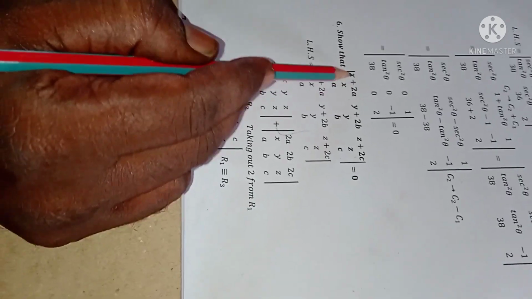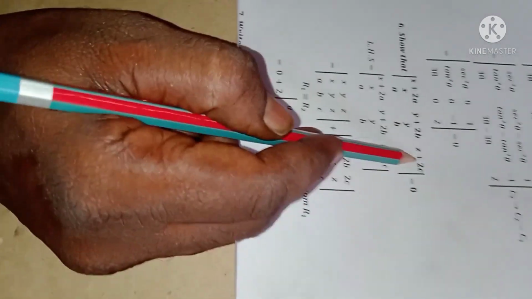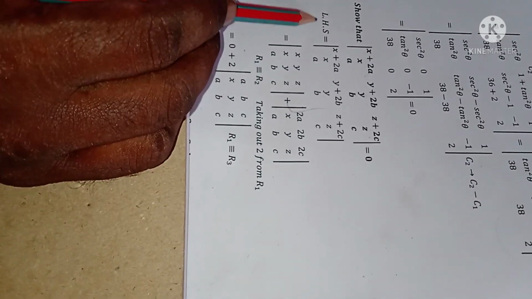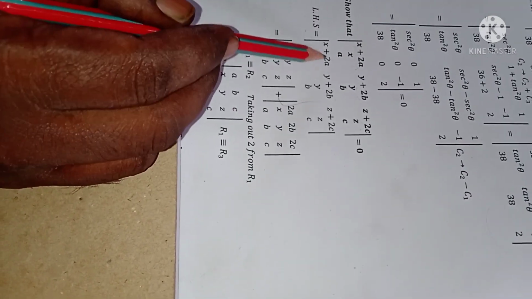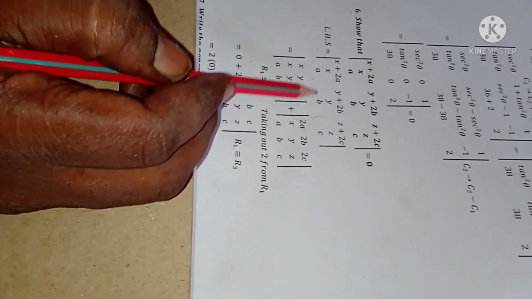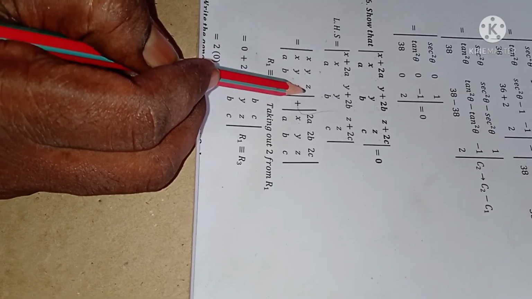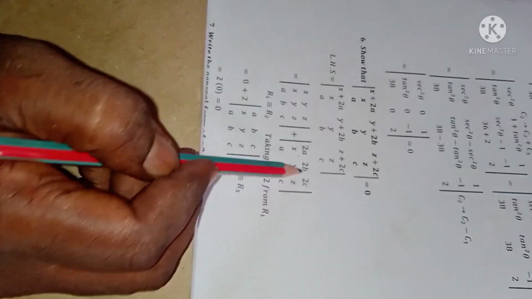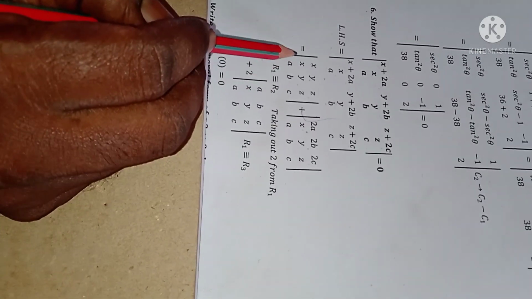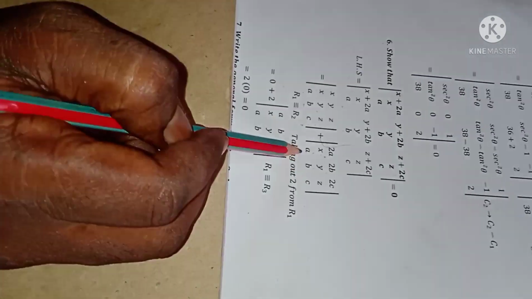In this case, the first row has two terms in each entry, so we can split them. Taking the LHS, x plus 2a, y plus 2b, z plus 2c; x, y, z; a, b, c, splitting it we get x, y, z in the first row for one determinant and 2a, 2b, 2c for the other. The second and third rows are common to both determinants: x, y, z; a, b, c.